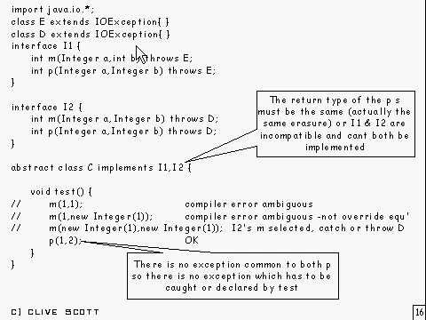And the answer is none, because D and E are both subclasses of IOException. So there are none common there, so no exception needs to be declared as being thrown there or caught. So that's the reason for that.